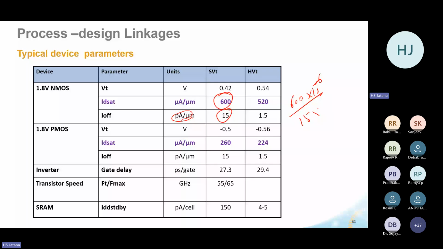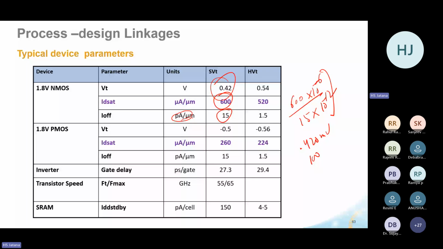You can see you get this kind of ION by IOFF, which is very good. And VT, the threshold voltage, is close to 420 millivolt. This is the nominal threshold voltage. Some high threshold voltage transistors will have a VT higher than this.